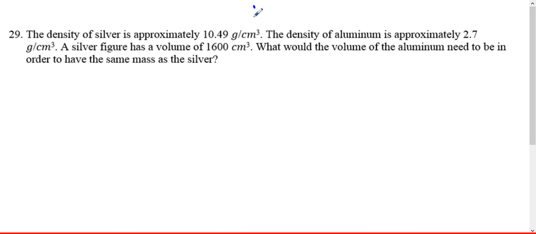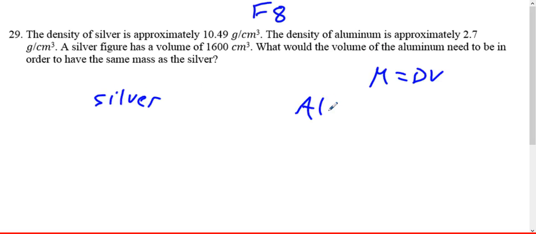This density question comes from Framework 8. You can use that mass equals density times volume. So we have silver, and we're going to also have aluminum.